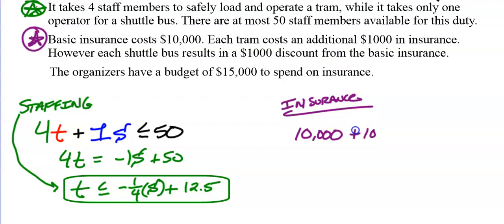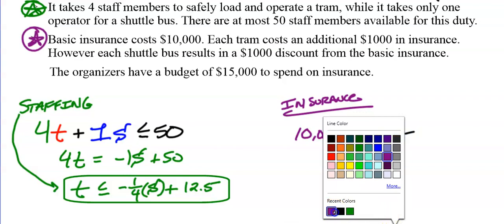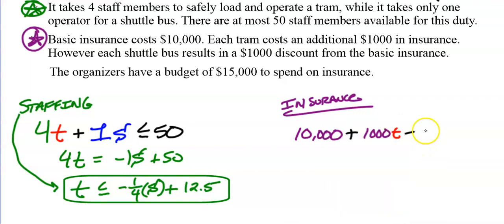So you're going to add in $1,000 for each tram that you use, but the shuttle bus is a discount. So we take away $1,000 for every shuttle bus, and we have a maximum budget of $15,000.